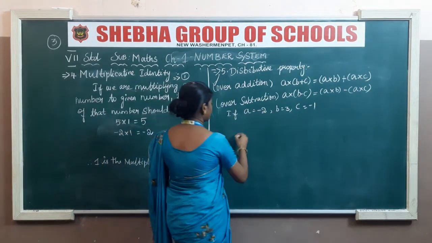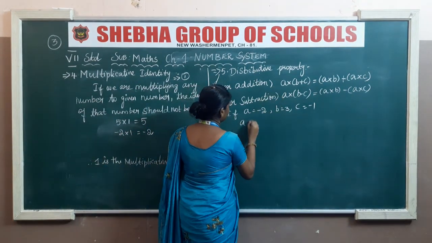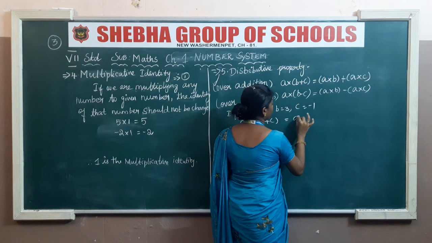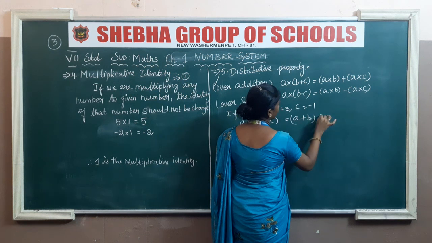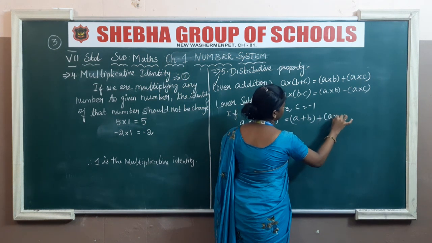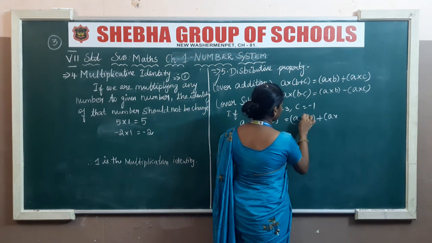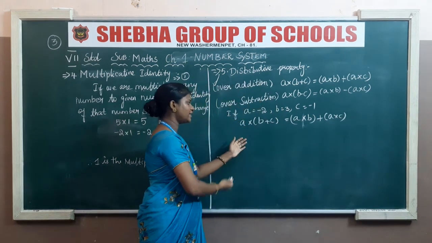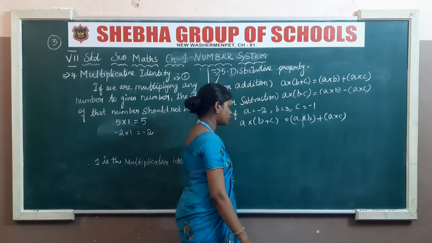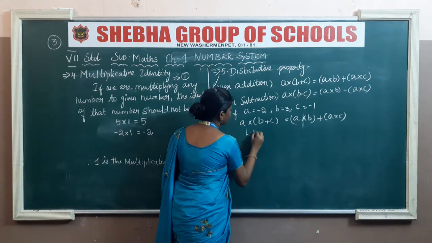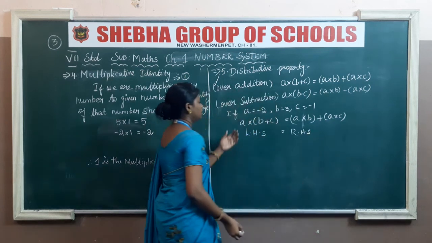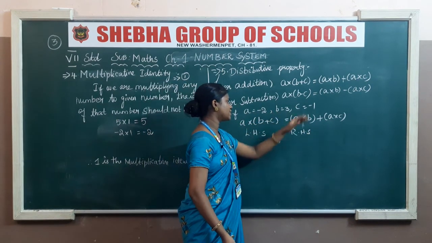So, the formula is a into (b plus c) is equal to a into b plus a into c. We have to prove that LHS is equal to RHS or not. First, a is equal to minus 2, b is equal to 3, c is equal to minus 1.